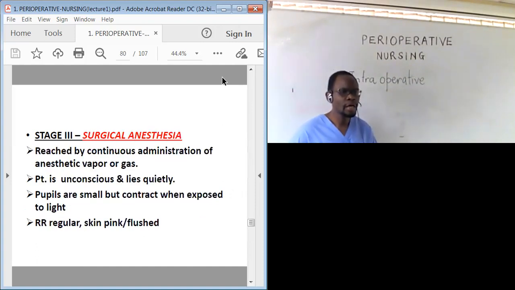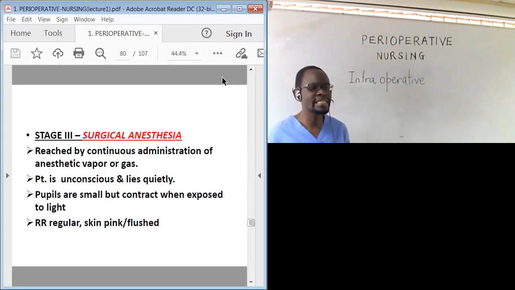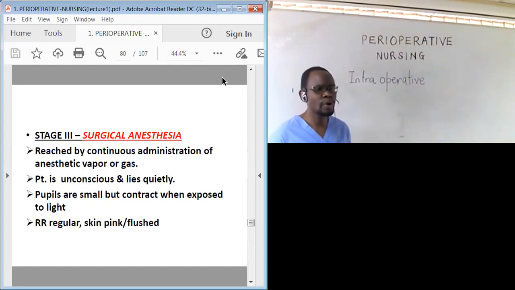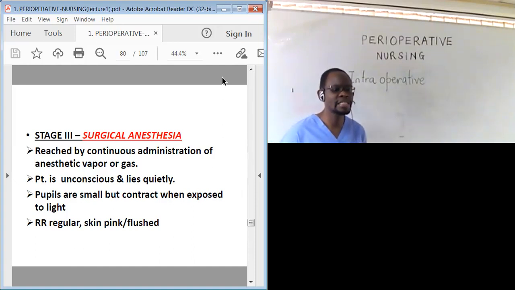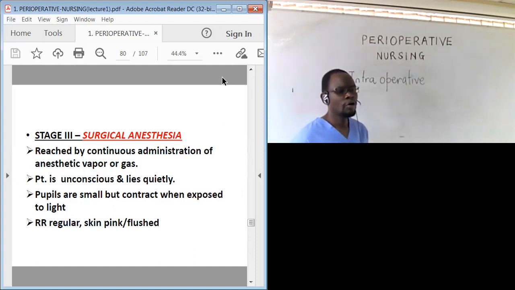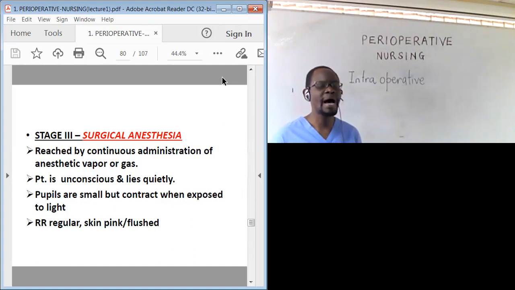And then stage 3, which is surgical anesthesia. It is reached by continuous administration of the anesthesia, either through gas or inhalation vapor, or through intravenous administration.